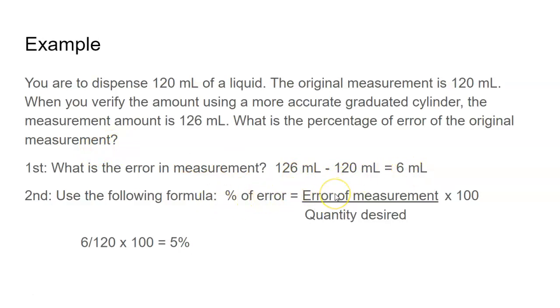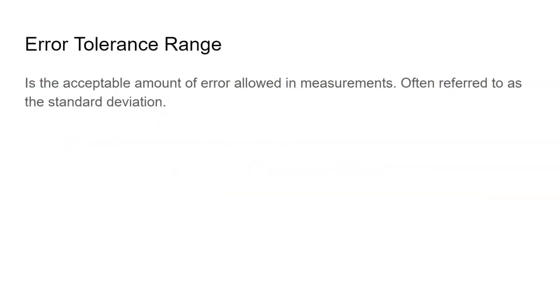Our error of measurement is 6. Our desired quantity is 120. We want to multiply that by 100. So 6 divided by 120 times 100 is a 5% error, which is quite a bit in pharmacy. You don't want a 5% error. Usually 1%, 0.1, depending on the units. Like if it's micrograms, it's less compared to a gram because a gram is larger.